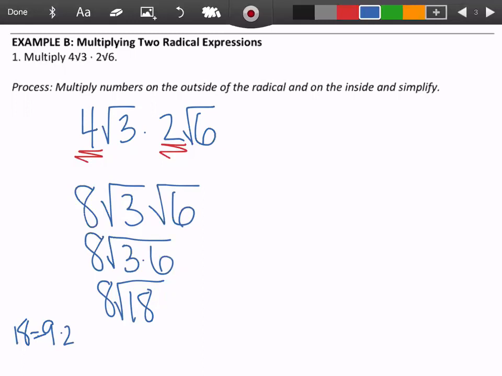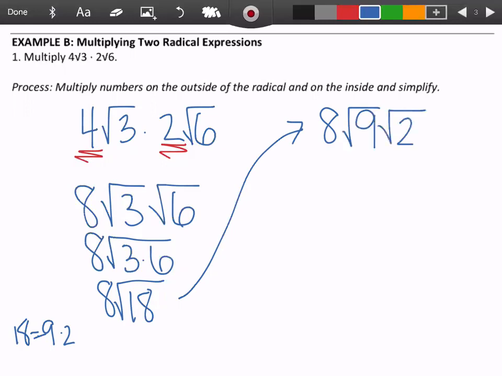So 9, being that it is a perfect square, we have to keep simplifying this square root. So we have 8 times the square root of 9 times the square root of 2. Again, we broke up a product and put it into two different square root signs. And then you have to think about which one of these simplifies down further.